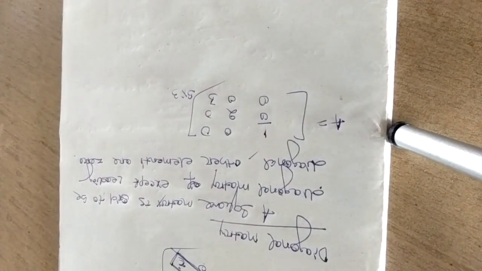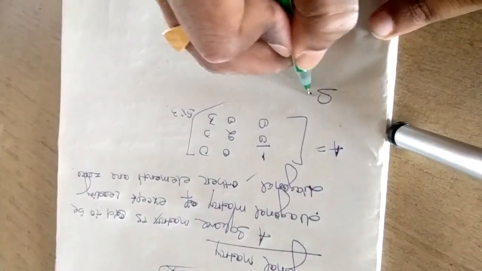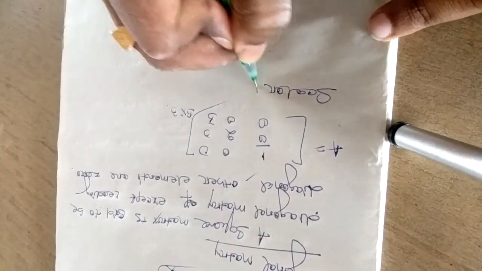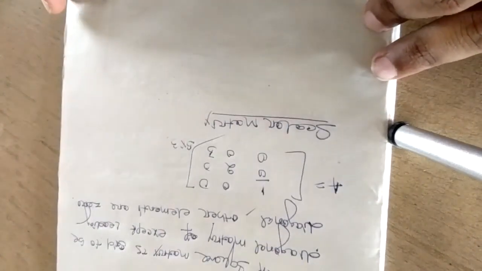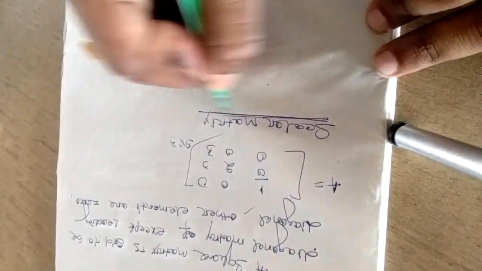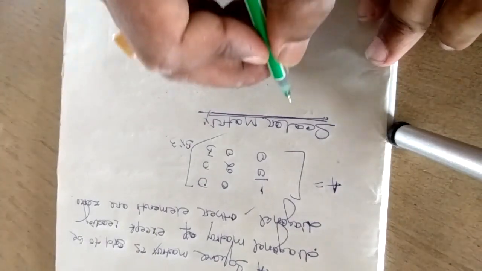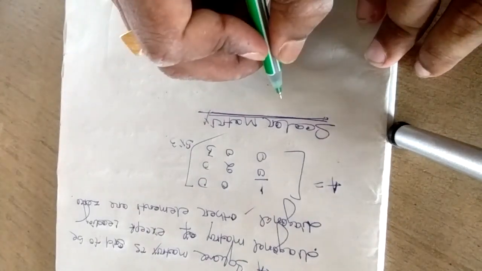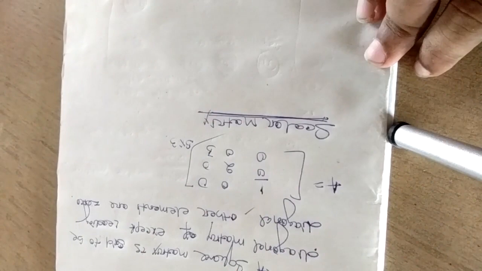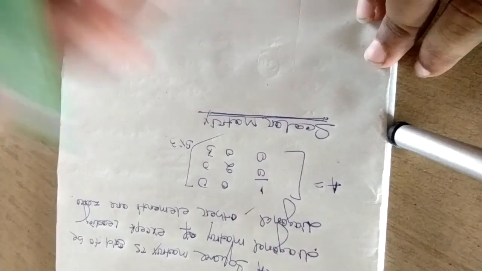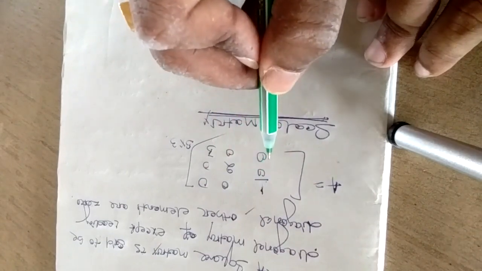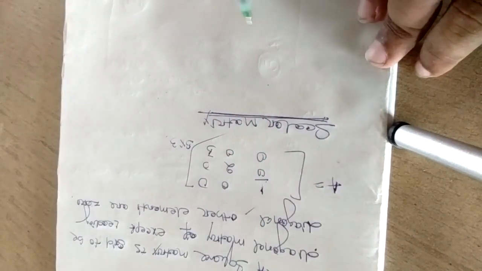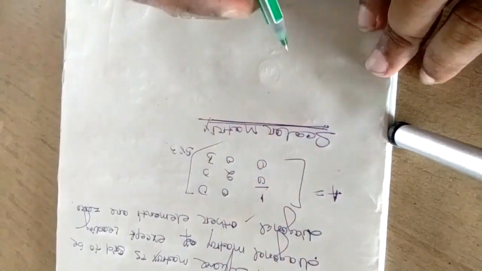Now study the scalar matrix. Scalar matrix means it is also a square matrix and its diagonal elements are the same. But in a diagonal matrix the diagonal elements are different, whereas in the case of a scalar matrix, the diagonal elements are same.